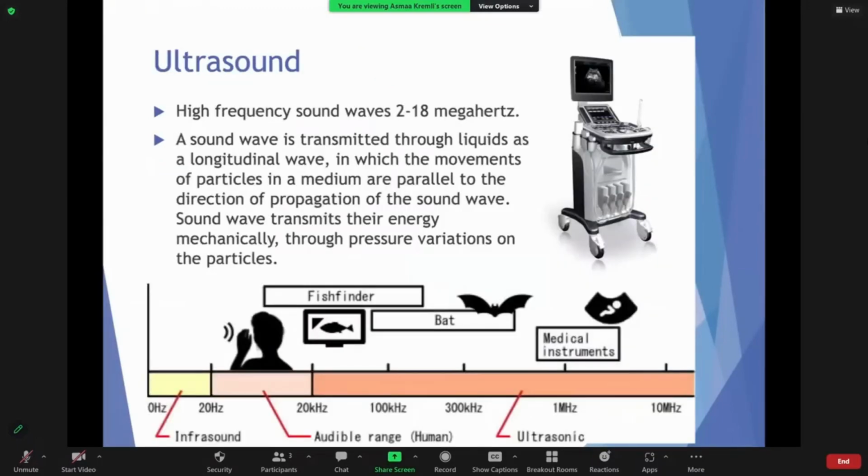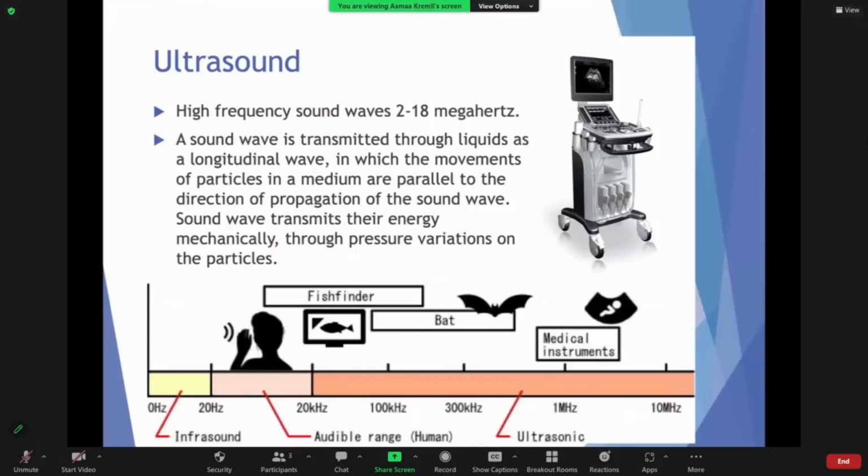Moving to ultrasound, of course, this is the ultrasound machine that we use. Ultrasound basically uses high frequency sound waves, from 2 to 18 megahertz. The range of audible frequencies for a human, as seen in the diagram here, is from 20 hertz to 20 kilohertz, but as we said, we use 2 to 18 megahertz.